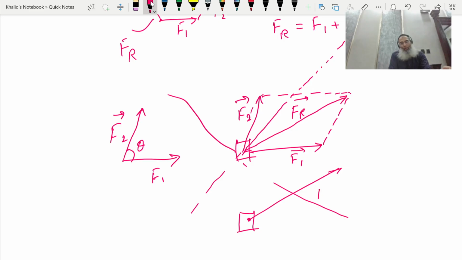So this Fr has the same effect on the body as the combined effect of these two forces, F1 and F2. So components are basically the causes, but the resultant is a combined effect of these two forces.